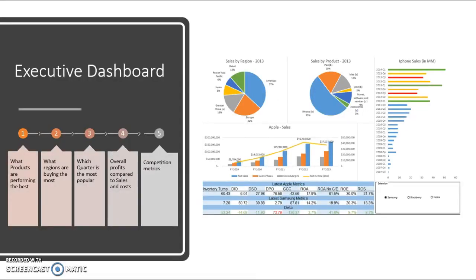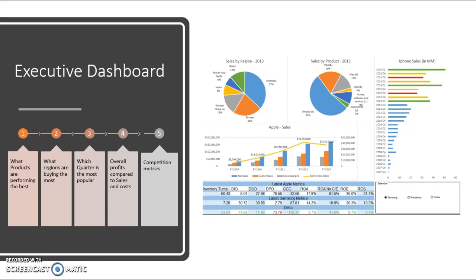So I'd like to talk about my executive dashboard. As you see on the right-hand side, it's a very neat, simple dashboard that provides the sales by region for 2018, and this just points out which regions are our biggest sales areas, that being the Americas, Europe, and then it breaks down to the different locations in Asia.